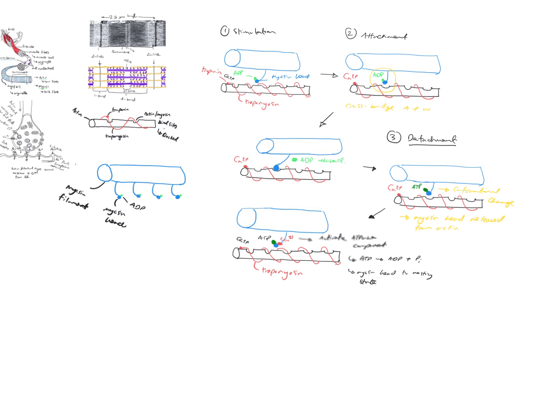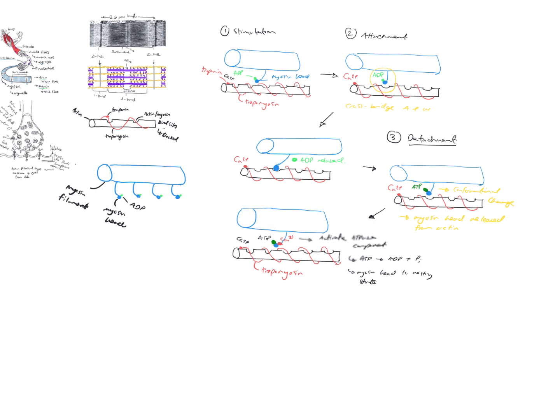It results in a conformational change and therefore a flex of the myosin filament, which pulls the actin along and releases the ADP. The fact that the ADP has been released allows ATP to bind with the myosin head, which again then results in a conformational change and causes it to detach from the binding site.